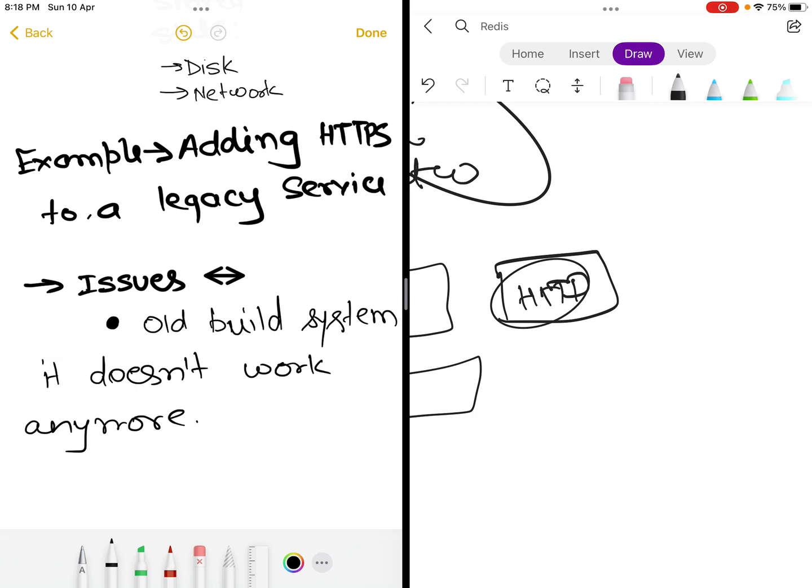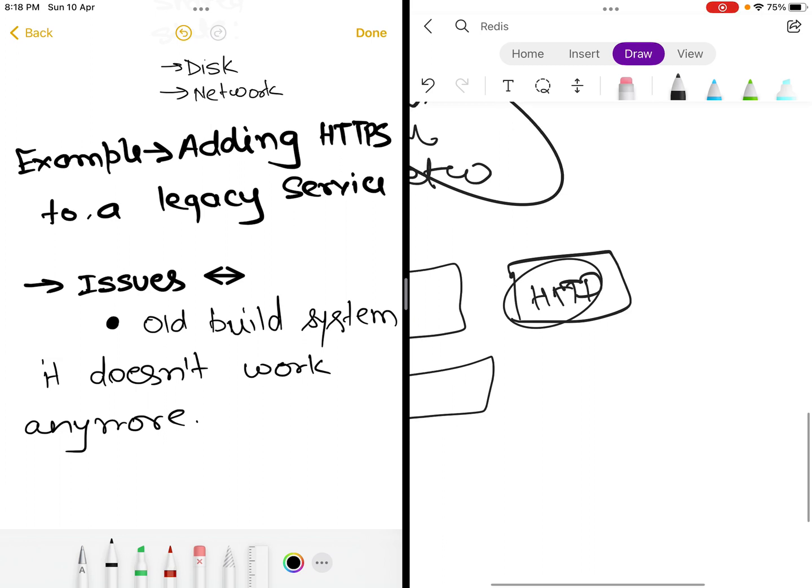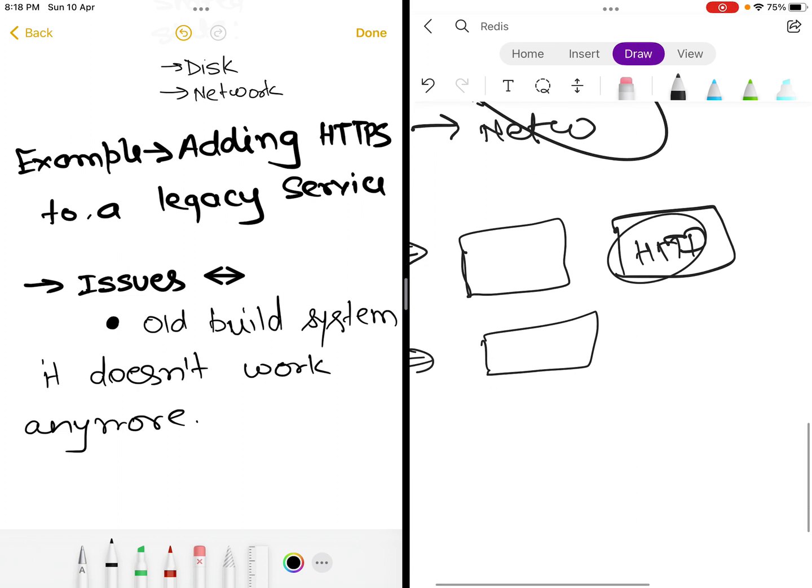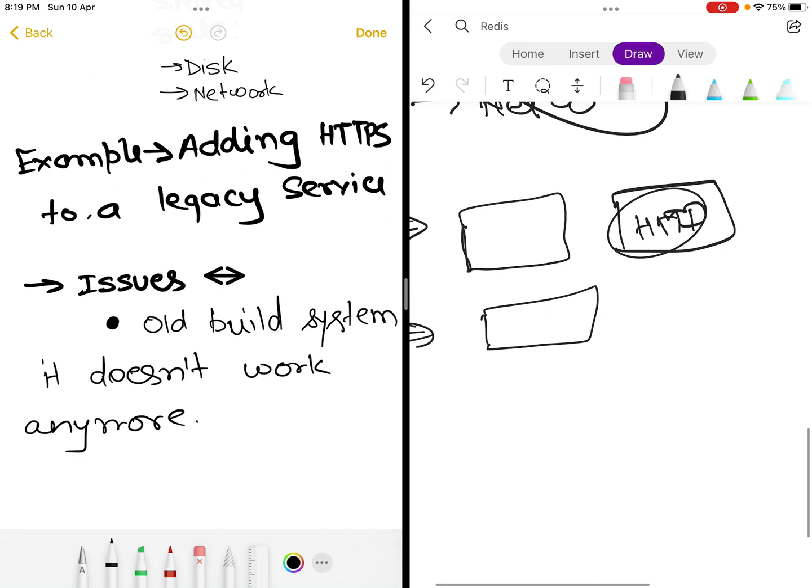You can have another container running which will be listening on the same IP with HTTPS SSL encryption enabled, and then it will be transferring all the network traffic to your actual application running.